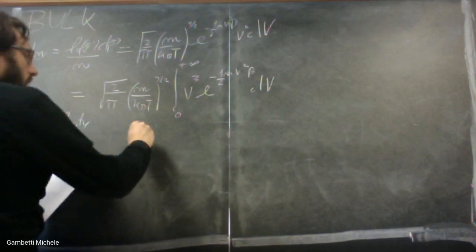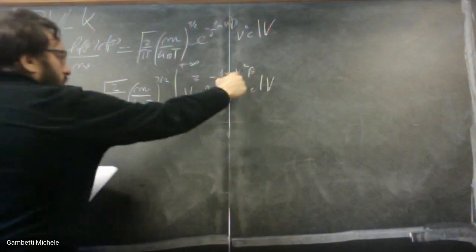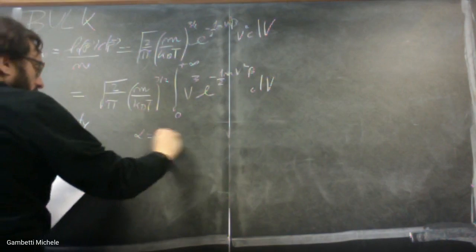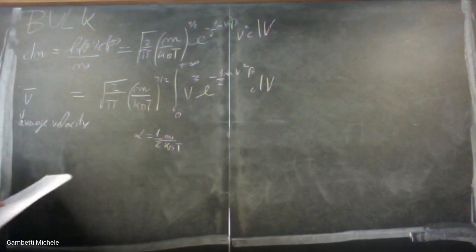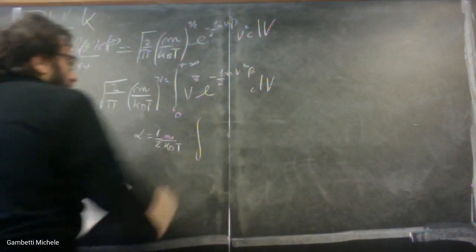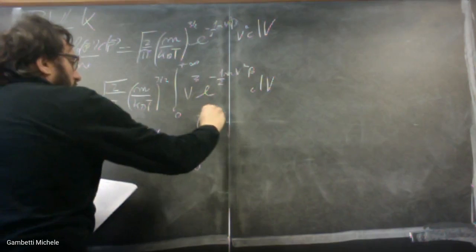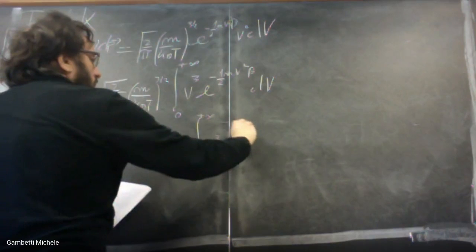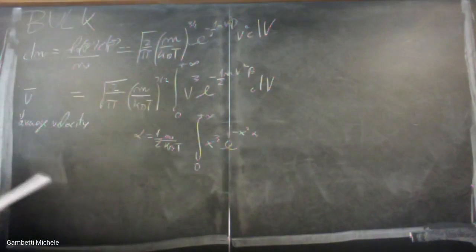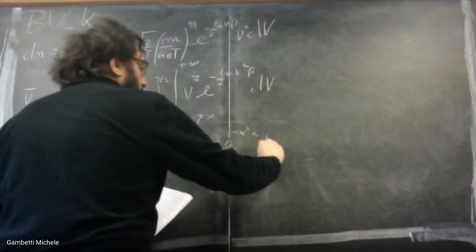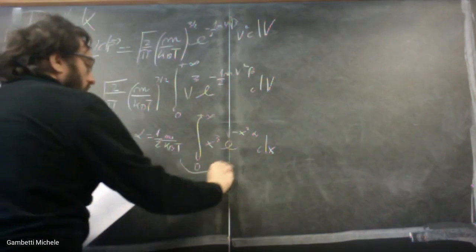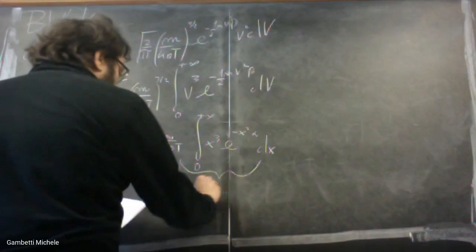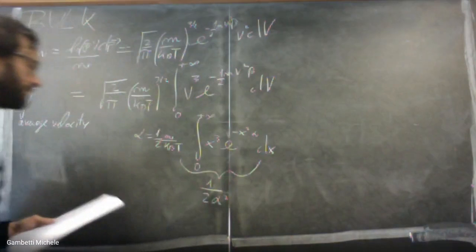If you call alpha the number which is here, so 1/2 m divided by kBT, now this integral is basically the integral from 0 to plus infinity of x cubed exponential of minus x squared times alpha dx. And one can compute with standard technique this guy here, and you get 1 divided by 2 alpha squared.